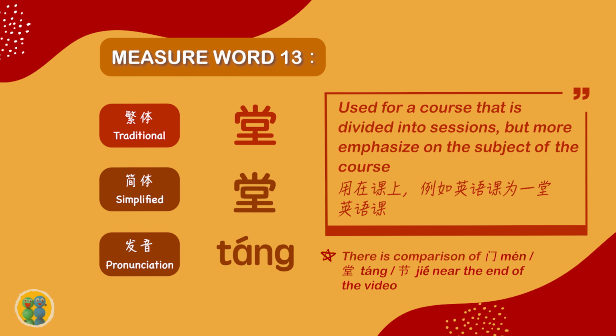The 13th measure word is 堂, used for a course that is divided into sessions, but with more emphasis on the subject of a course.